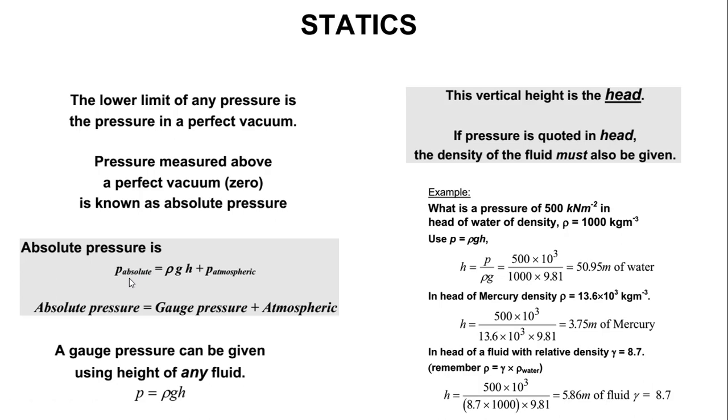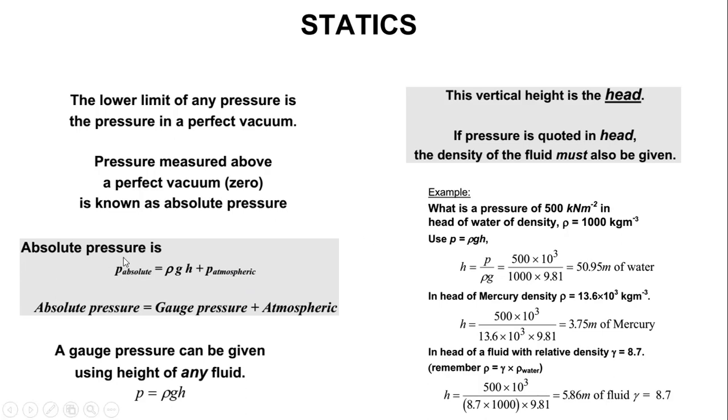So you need to be conscious. Most of the time, when we are asking you to find the pressure of a given system, normally we are asking for the gauge pressure, because atmospheric pressure is usually taken as datum. So if it's datum, it means atmospheric pressure is usually taken to be equal to 0.